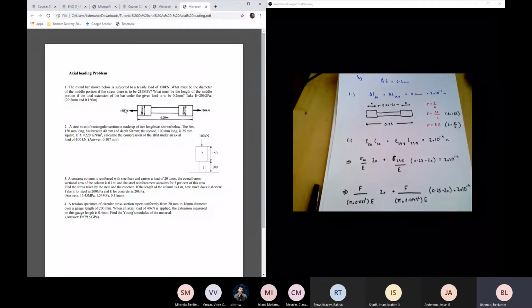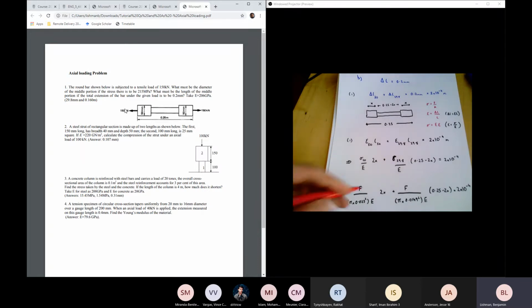So 150 times 10 to the 3 divided by 206 times 10 to the 9 is more like what I want, divided by pi, divided by 0.025 squared. And this now comes out as 3.708 times 10 to the minus 4.